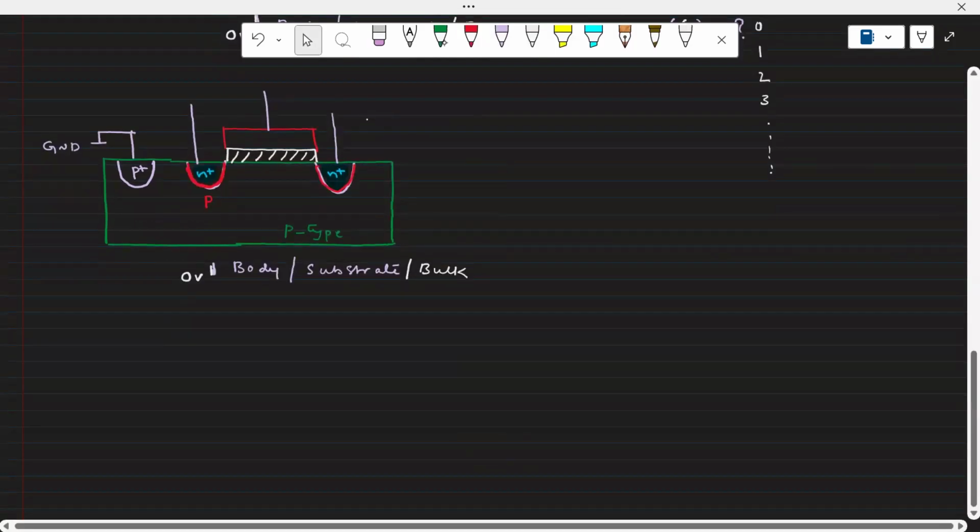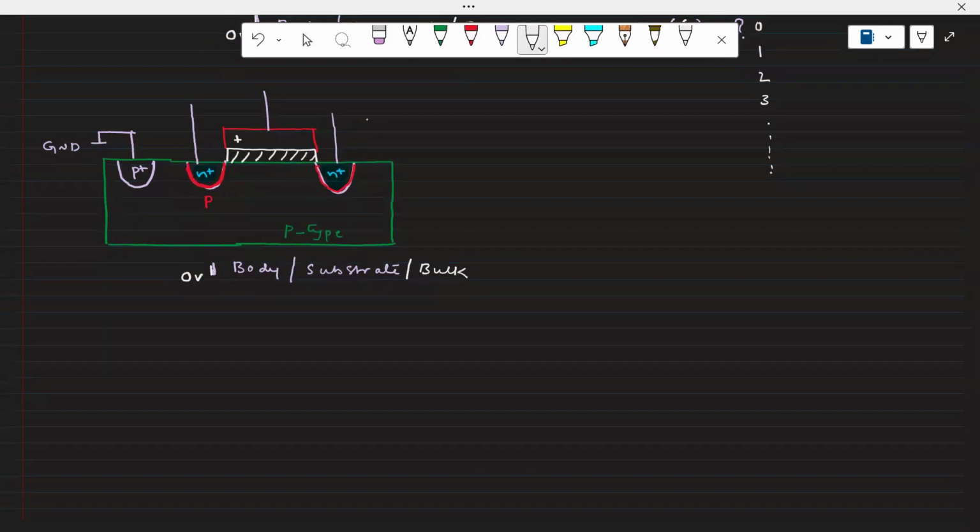Now, let us assume that we apply some positive potential on this particular place. What will happen then? As you can see, the top is actually a conductor material, and below that there is an oxide.